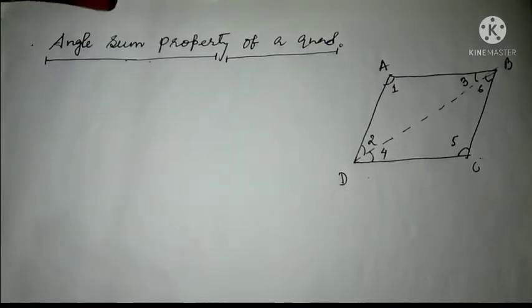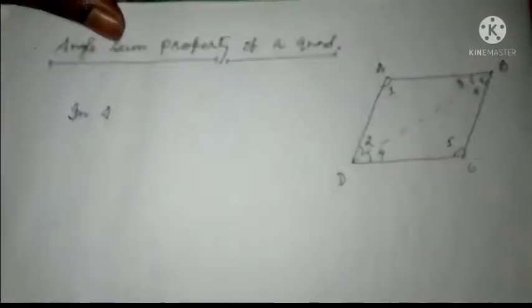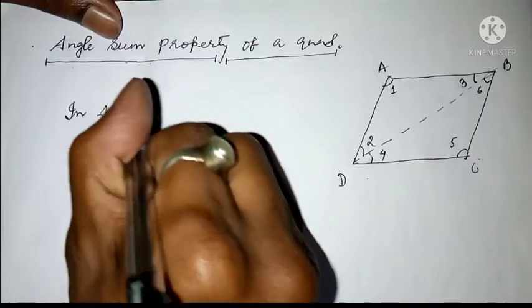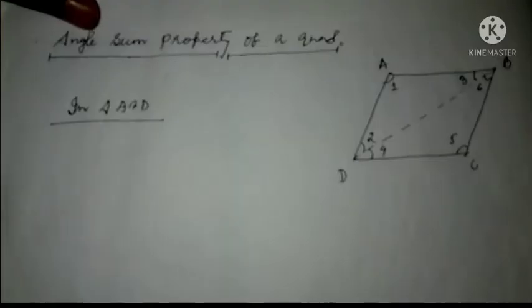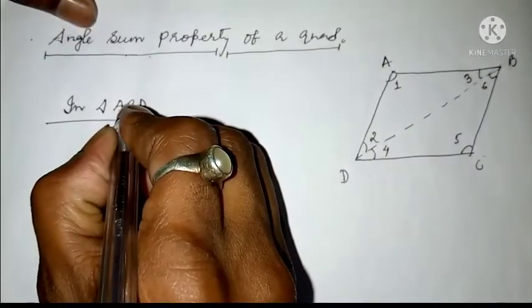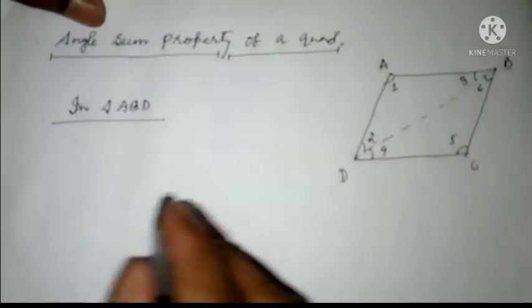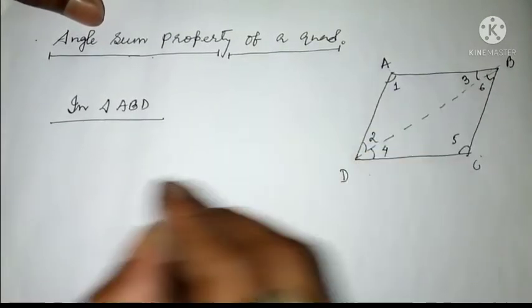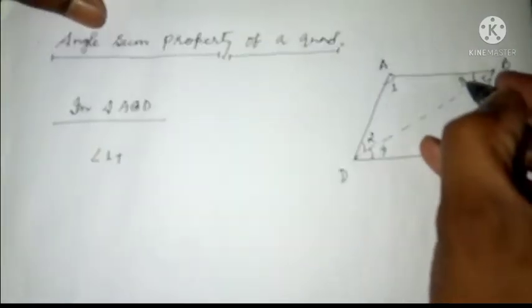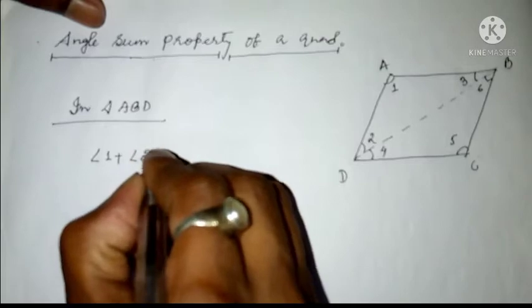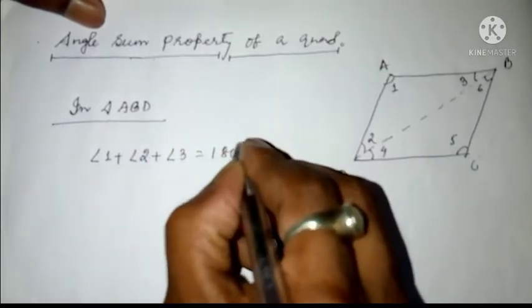Write here: in triangle ABD, angle 1 plus angle 2 plus angle 3 is 180 degrees.